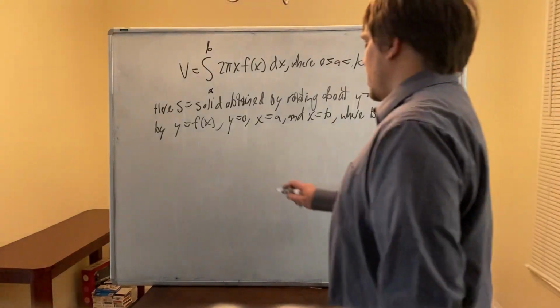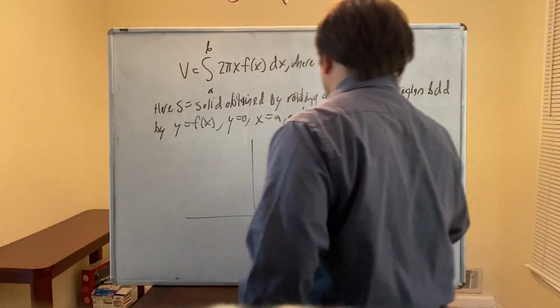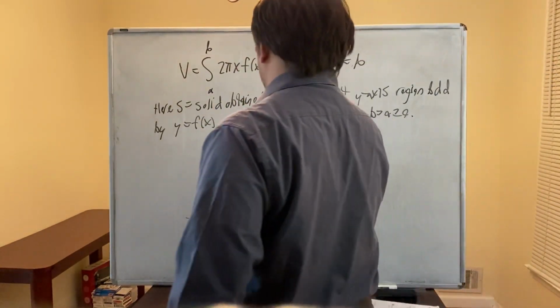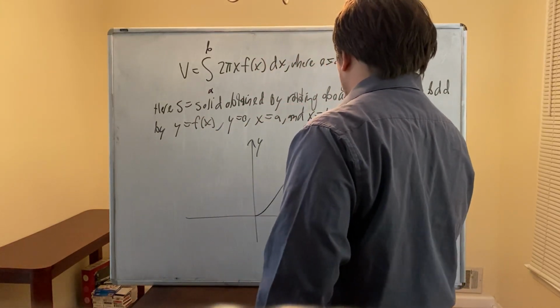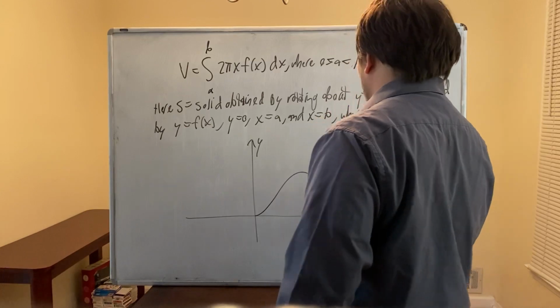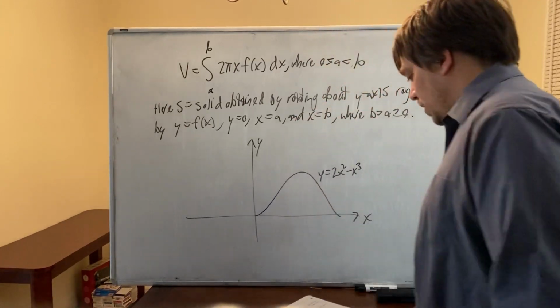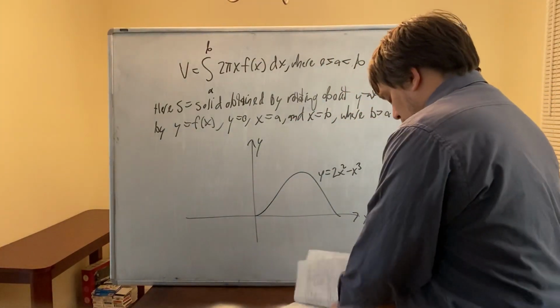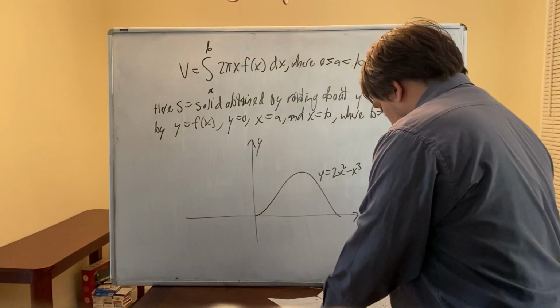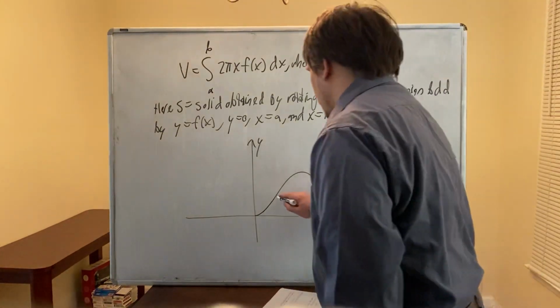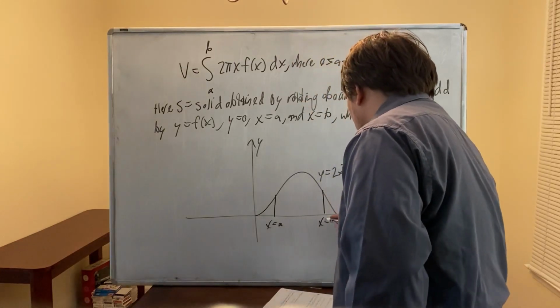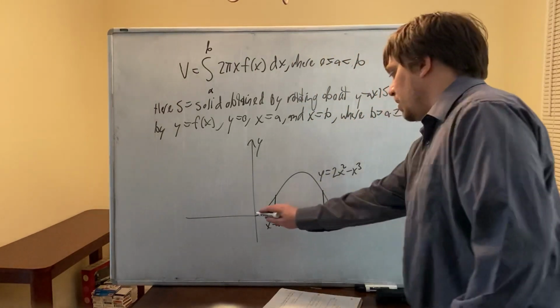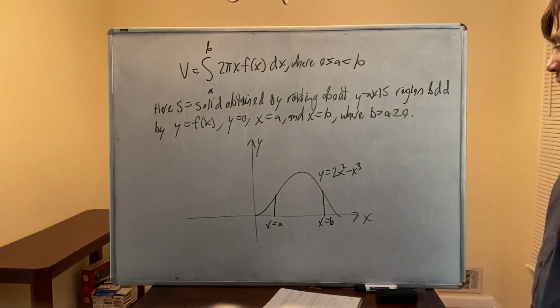And so, an example picture I drew of this: if this is the x-axis and this is the y-axis, you have a graph like this, y equals 2x squared minus x cubed, and you have the line x equals a, the line x equals b, and y equals 0, the x-axis.